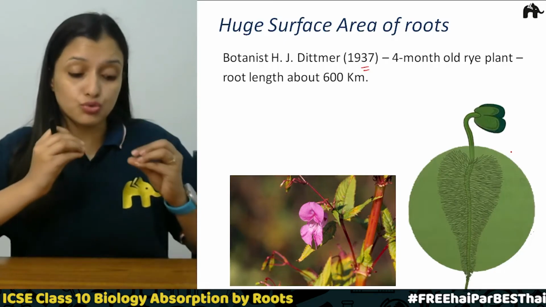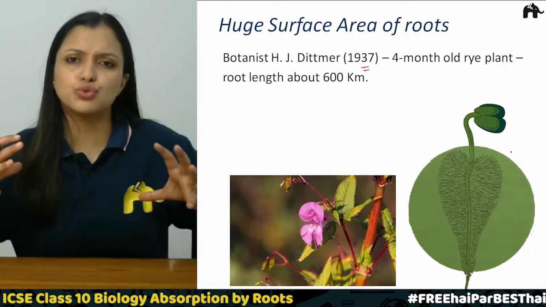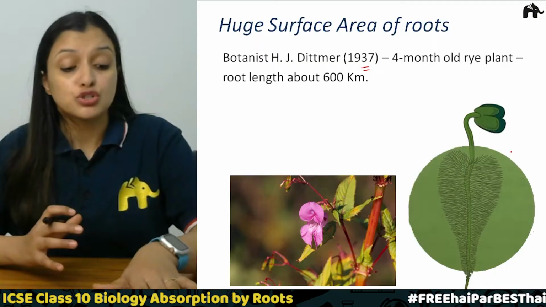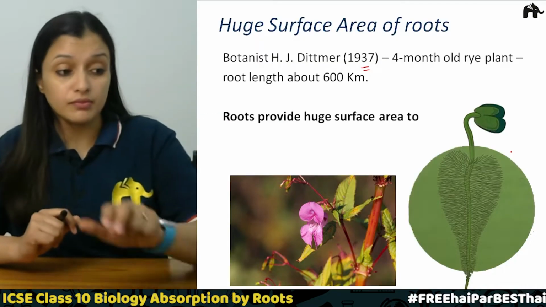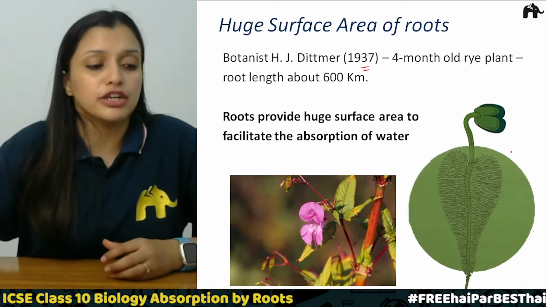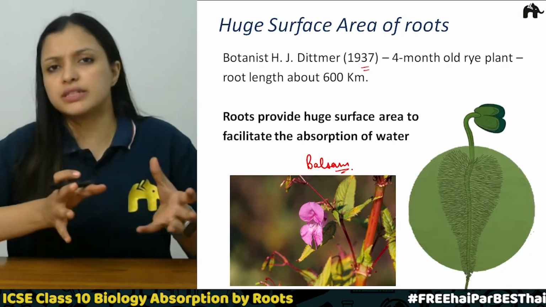So the roots provide huge surface area, and when the surface area is huge, they have a lot of space to absorb water. This is what happens with the roots, right? So if you see, this is a balsam plant, right? The balsam plant is very common in our gardens, right?